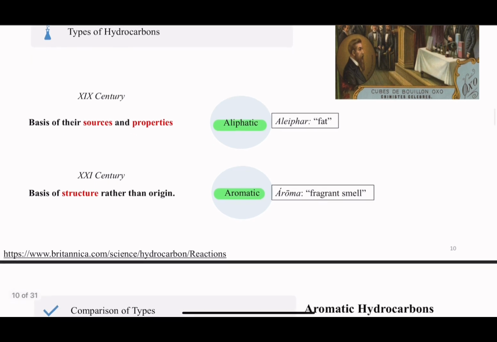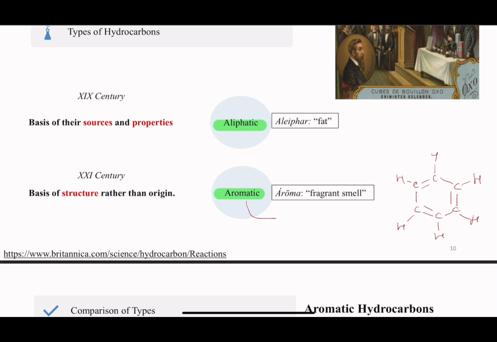Aromatic ones gotta have six carbons in a ring, okay, and they need to have three double bonds. If they have this structure, six carbons with the three double bonds, this is called aromatic.